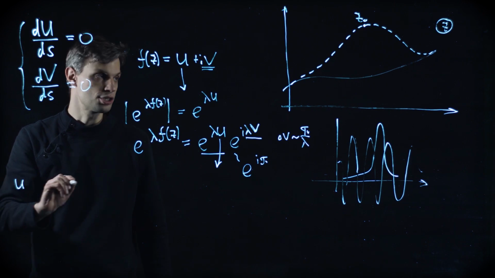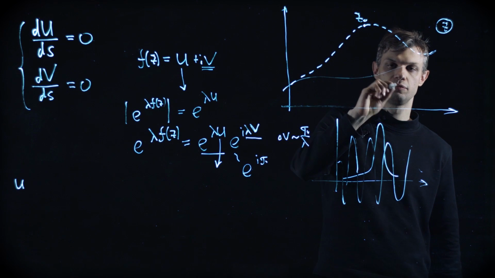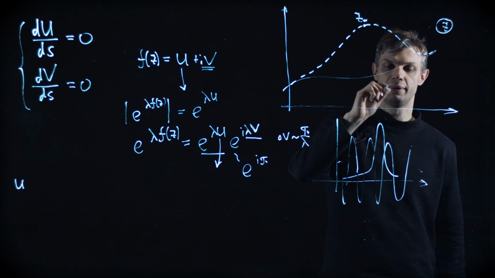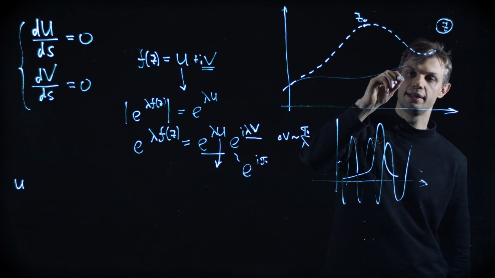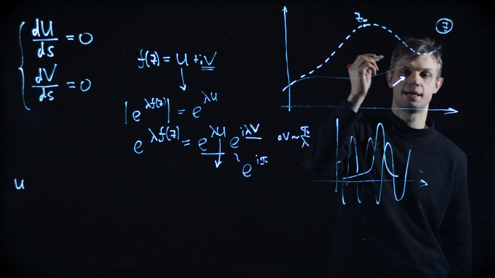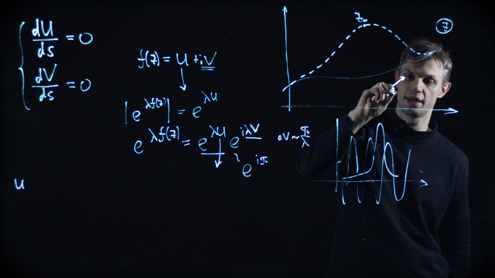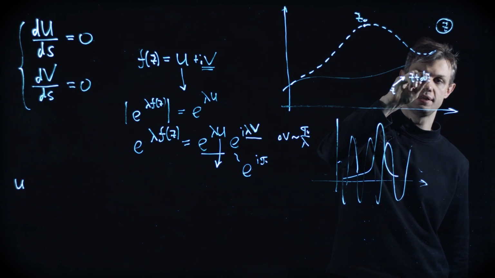Let's take some point z, not necessarily near the saddle, but just some arbitrary point in the complex plane. And let's make a small infinitesimal step in some arbitrary direction, so this point is z plus dz.